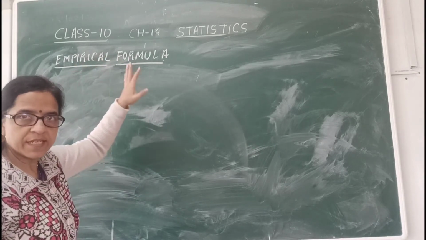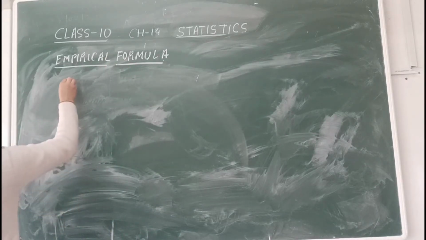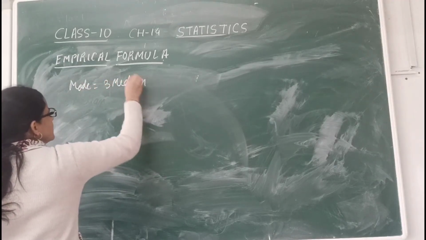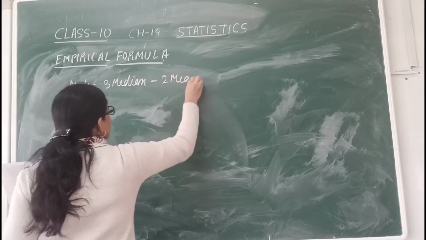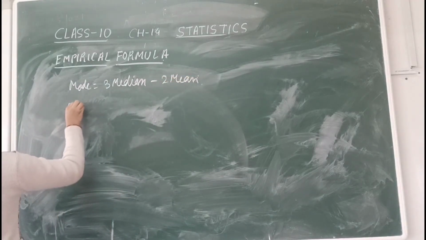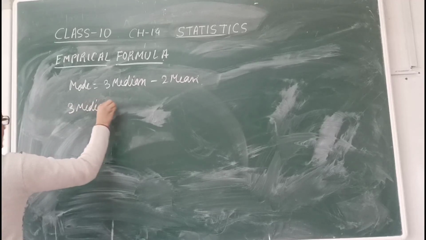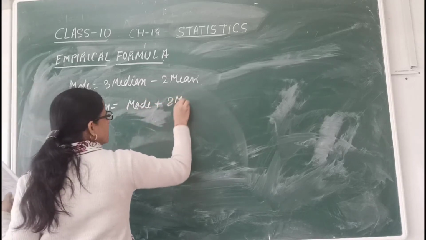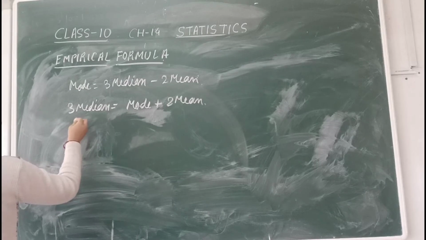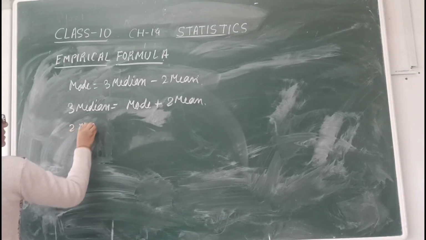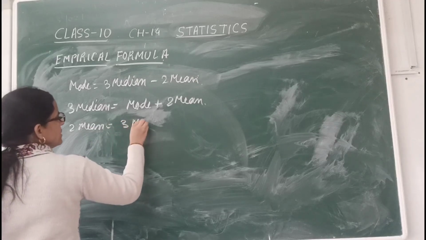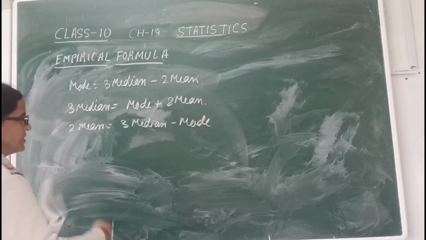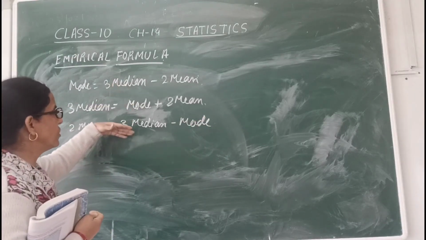The empirical formula says that mode equals 3 median minus 2 mean, or we can also write this as 3 median equals mode plus 2 mean, or we can write 2 mean equals 3 median minus mode. Last year it was given in the board examination, that's why I have written all three forms over here.